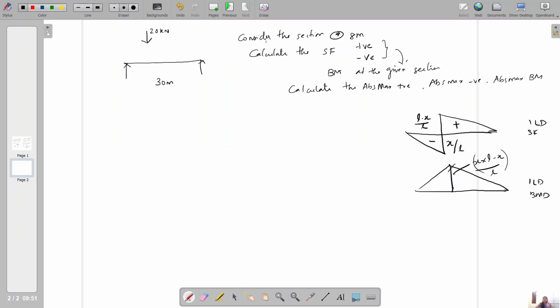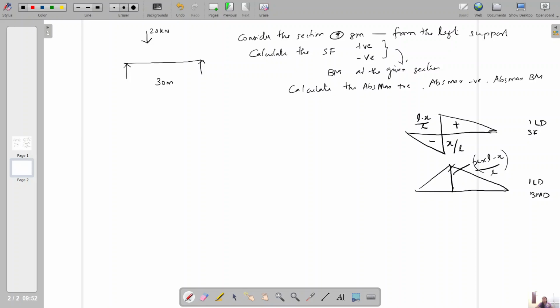I have plainly given the section at 8 meter from the left support because it should be mentioned. In some other problem it may be mentioned from the right side, so you have to convert the x distance to be from the left side, for your convenience.